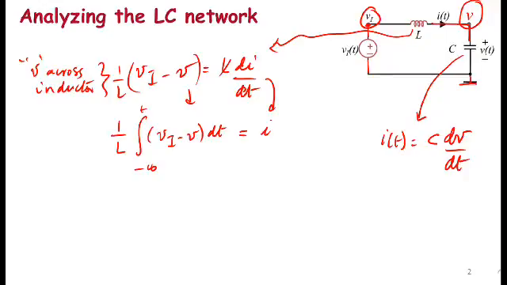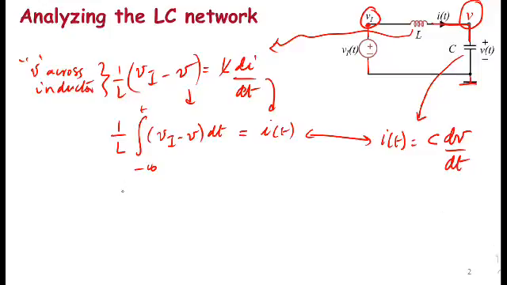So right here, this is I of t. Notice that the I of t flows through both the inductor and the capacitor, and so I can simply add them up, and they should sum to 0. The I of t through the inductor must equal I of t through the capacitor. In this particular situation, I of t is entering node V, and here I of t is leaving node V. So I can write it as the inductor current minus the capacitor current is 0, or I can simply equate the two.